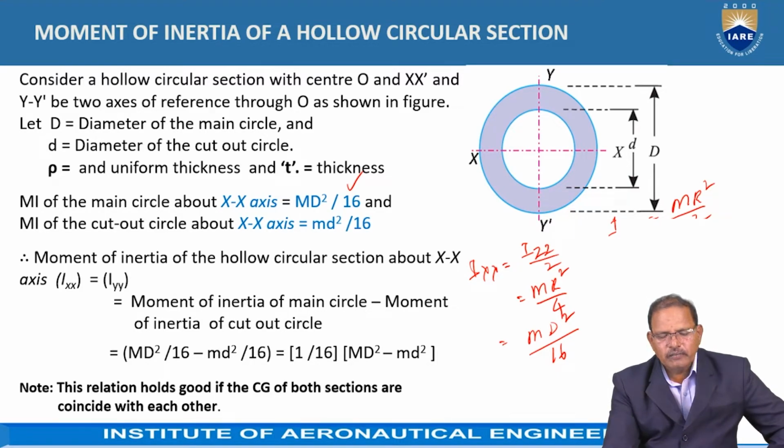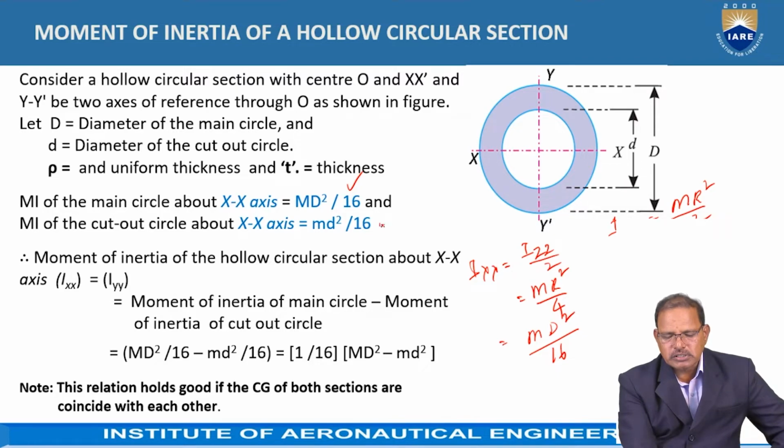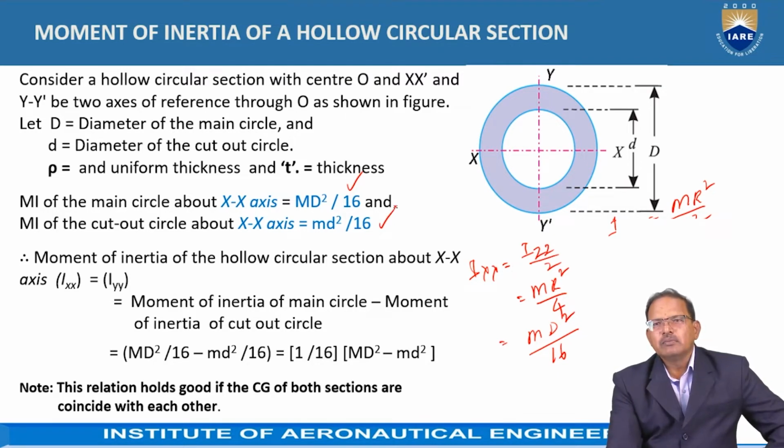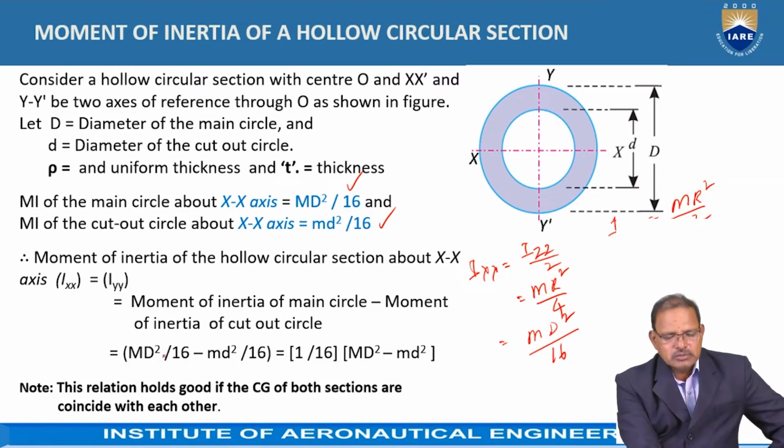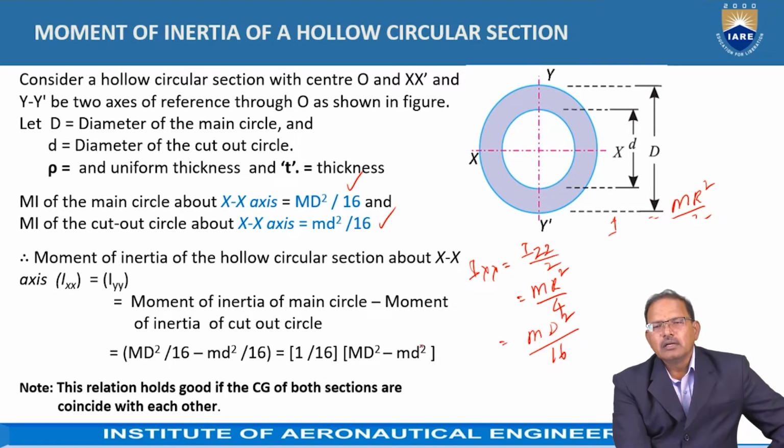Similarly, the mass moment of inertia of the cutout circle about the x-axis, the horizontal axis, is given by m d square by 16. So the mass moment of inertia of the hollow circular section about the x-axis is given by the difference of the inertia of the outer circle and the inertia of the cutout circle, which is m D square by 16 minus m d square by 16. 16 is common, hence m by 16 into capital D square minus small d square.